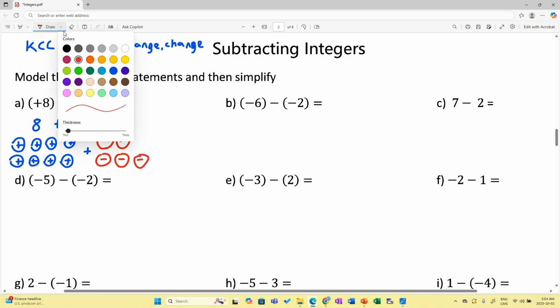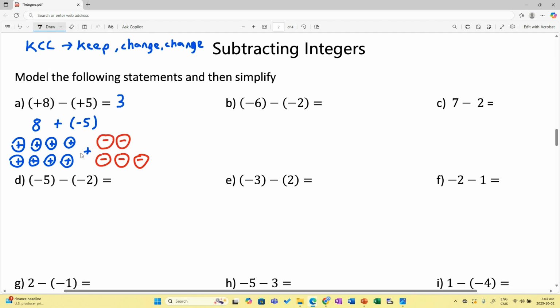And one positive cancels out with one negative. So in this case, one positive here cancels out with one negative. And I keep canceling out each positive with negatives until I can't cancel it anymore. In this case, what I have left is 3 positive, so my answer is going to be positive 3.